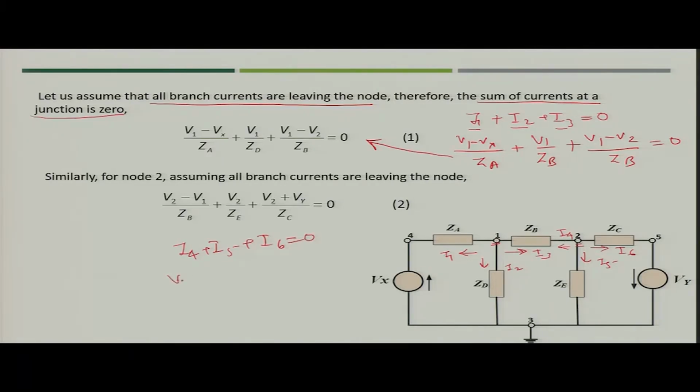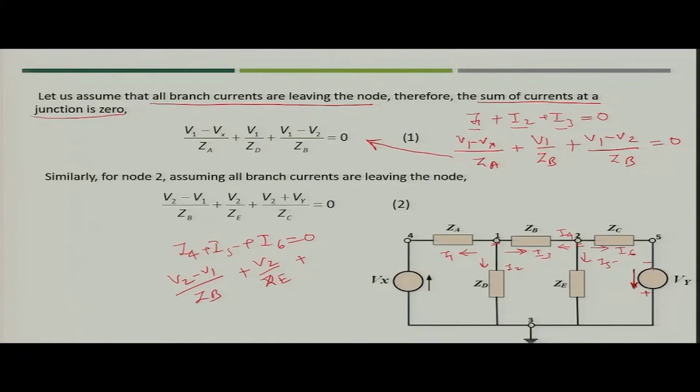I4 you can simply write as V2 minus V1 by ZB, plus I5 is nothing but V2 by ZE, plus I6. Now Vy is connected between node 5 and node 3, and the direction of Vy is like this because it is mentioned in this figure.